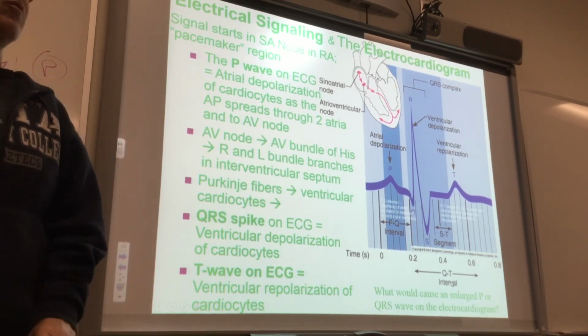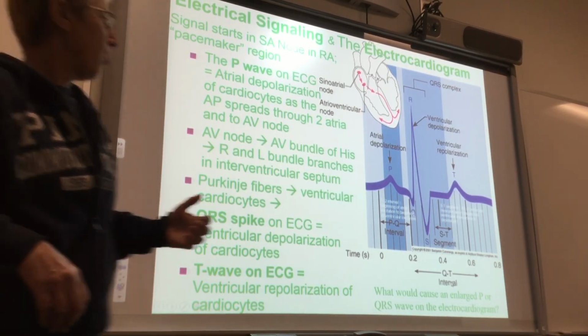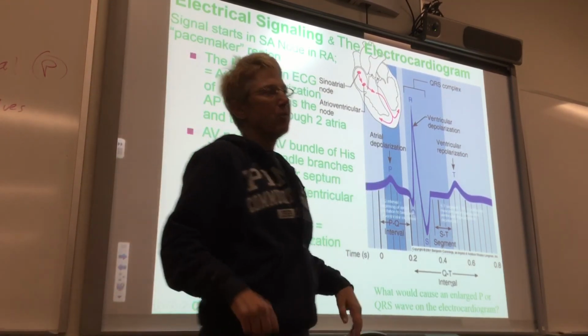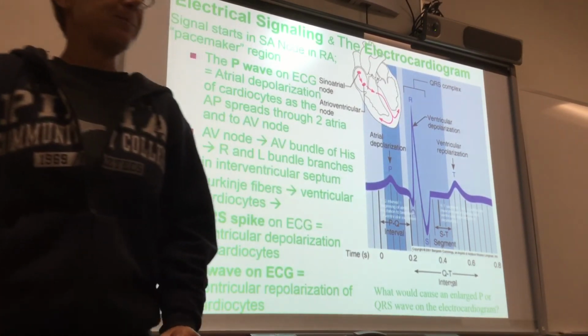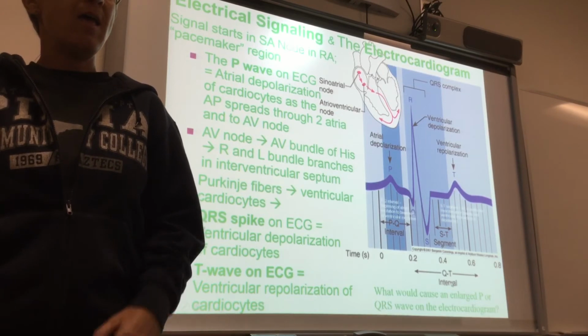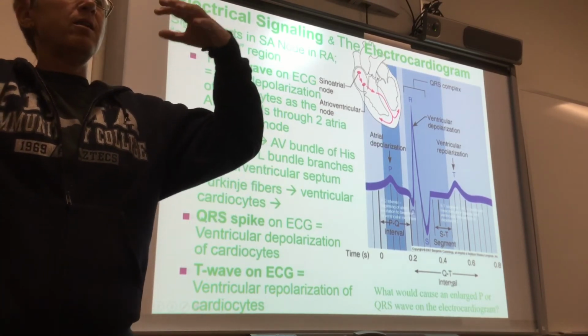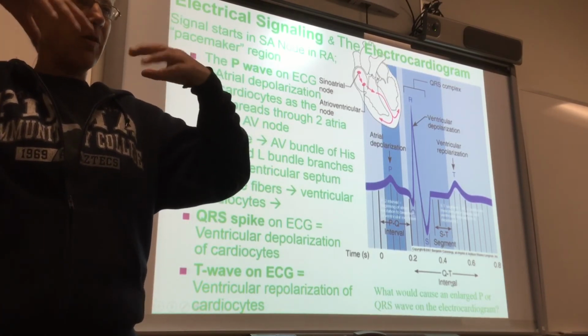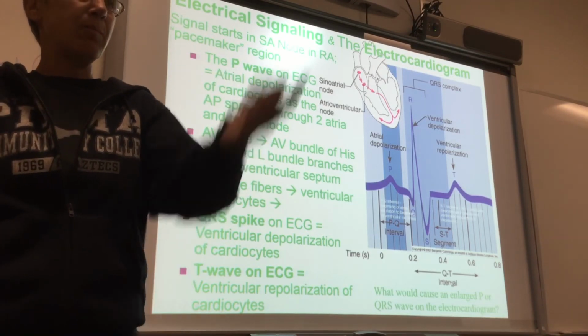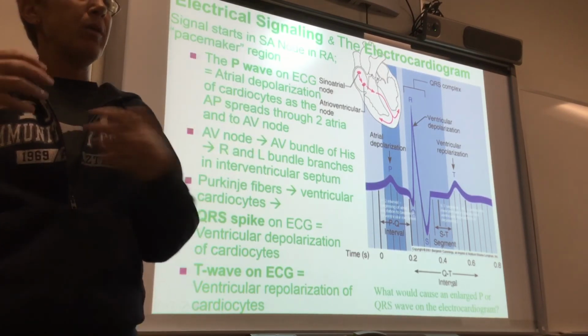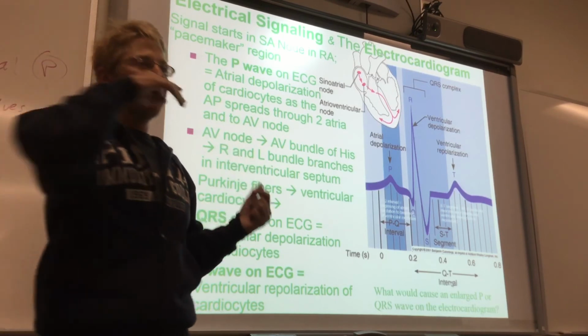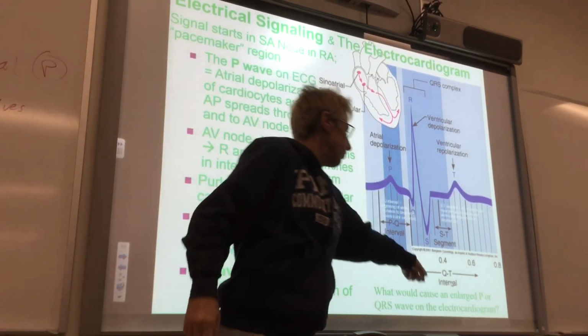Let me think of a different way to ask it. What event is happening during atrial depolarization? Sodium's needed. Every single cell in the atria, they're all depolarizing at the same time. I wanted to step back and get a bigger picture to help you answer this question.